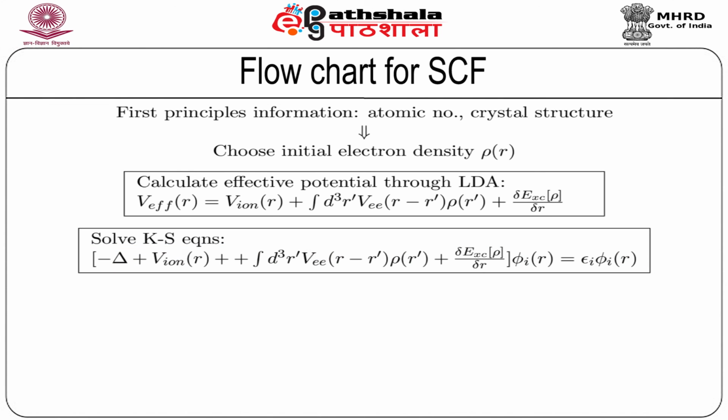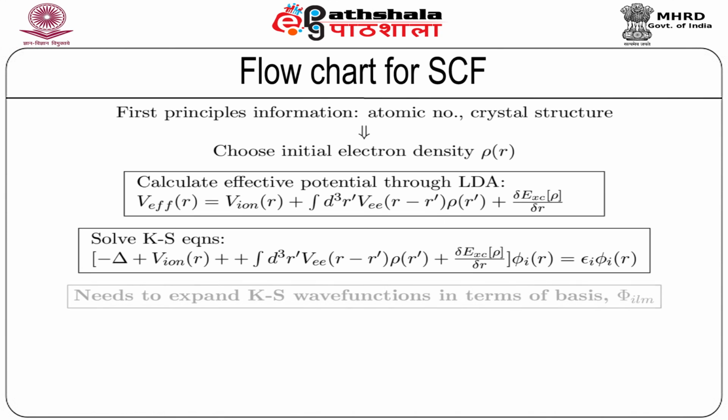This looks exactly like a Schrödinger equation, except the potential part is now way more complicated and it depends on the density. These psi's are the Kohn-Sham wave functions, and to really implement it in a computer, one needs to expand this Kohn-Sham wave function psi in some basis. And what kind of basis one will use will be actually discussed at length in module 24.